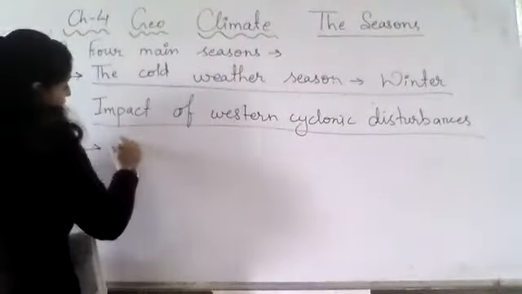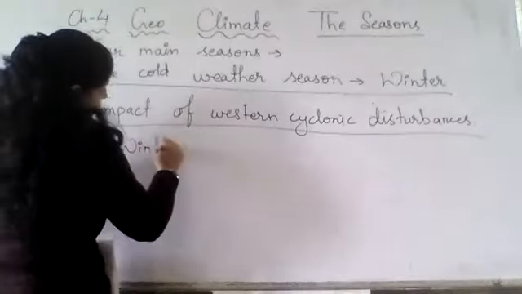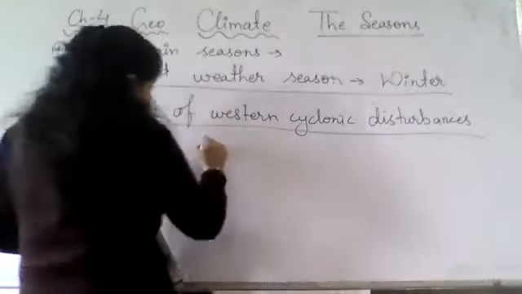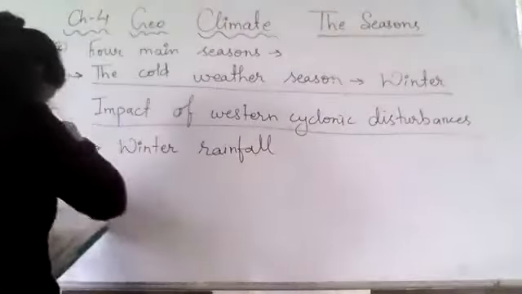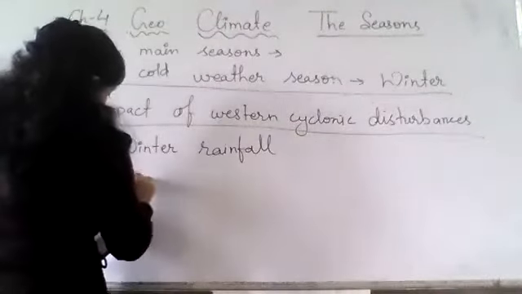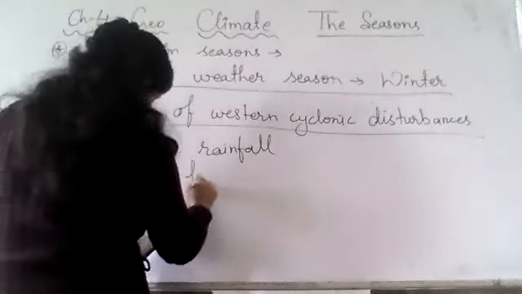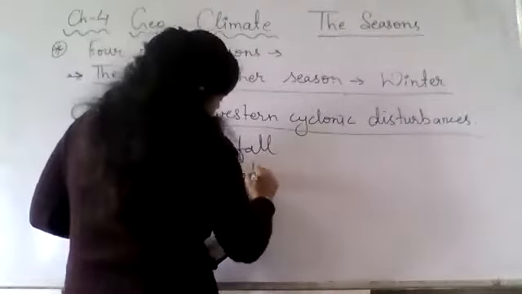So in this what happens, because of western cyclonic disturbance we see winter rainfall. And this winter rainfall is useful for rabi crops.